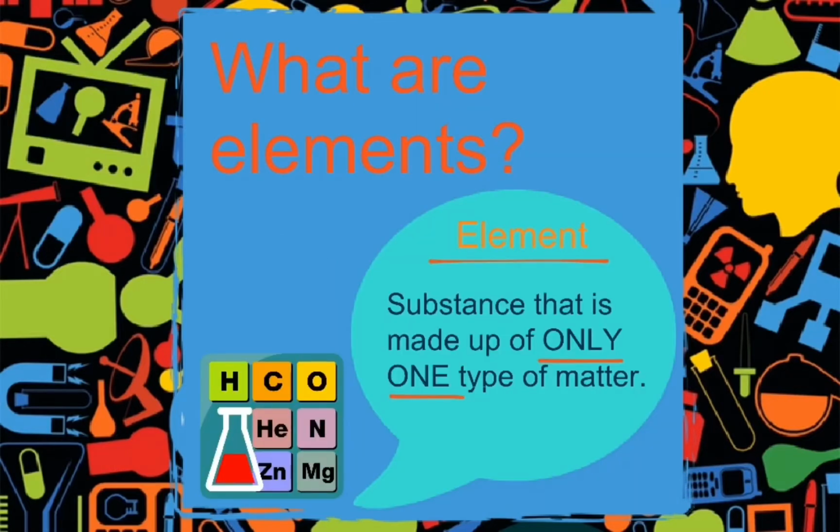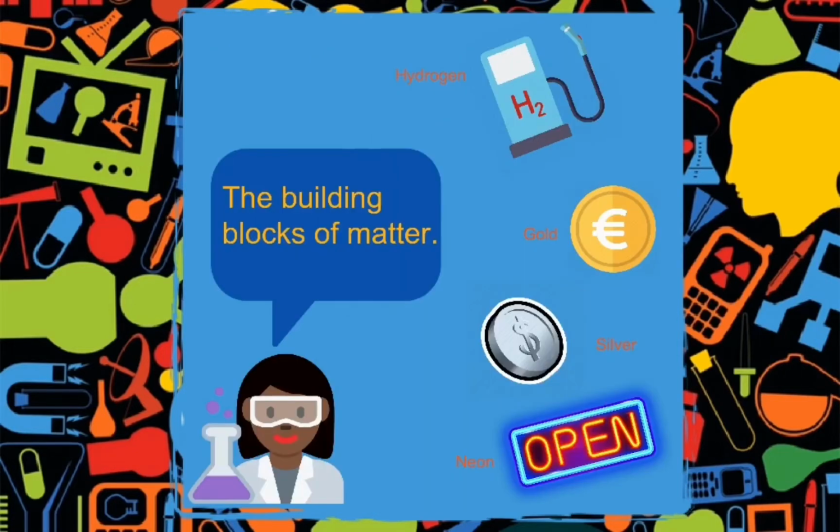What are elements? People once thought that all matter was made of earth, air, fire, and water. But now, thanks to a group of people, we know that all matter is made of elements. An element is a substance that is made up of only one type of matter.